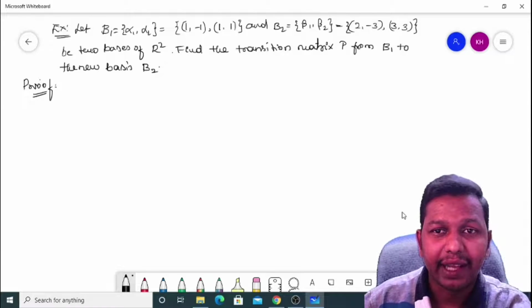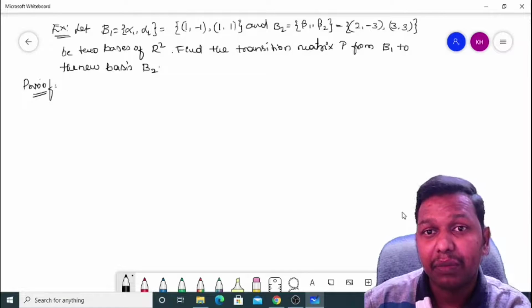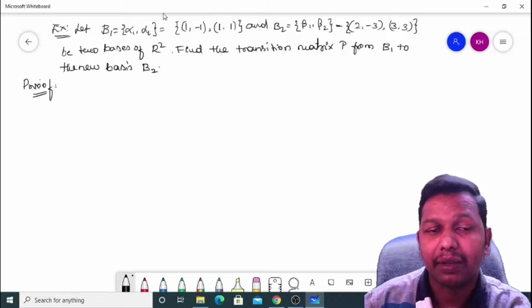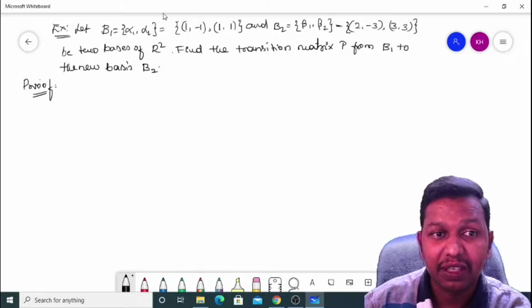Here we have to express the elements of B2 as a linear combination of B1 to get the coefficient matrix.